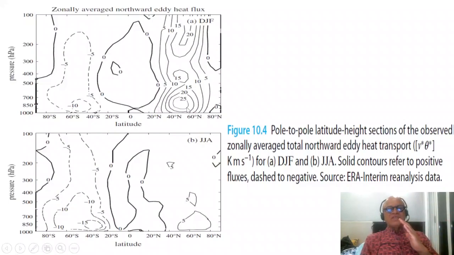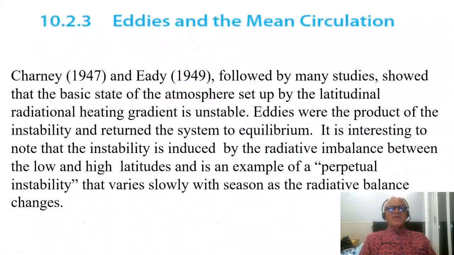So you can see that the eddy transport itself also moves. The westerly jet moves, so you can see that this is centered around 60 north, this is centered more around 50 north or southward, and similarly there is a shift here, 60 north in the summer months and around 60 south and 40 south, and so on. So all kinds of dynamic details are there in these simple pictures.